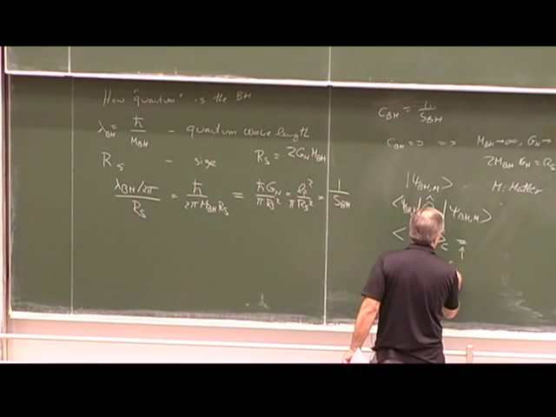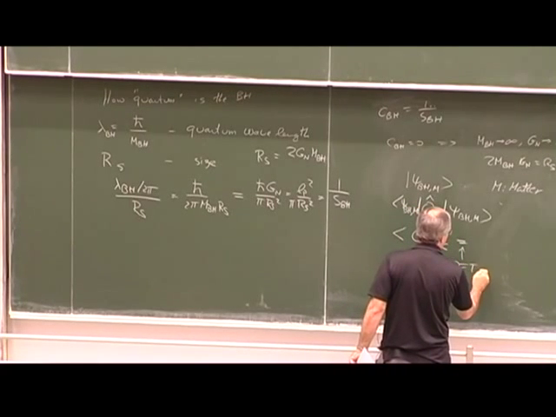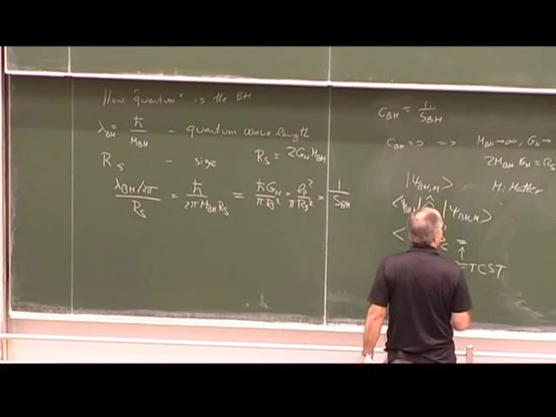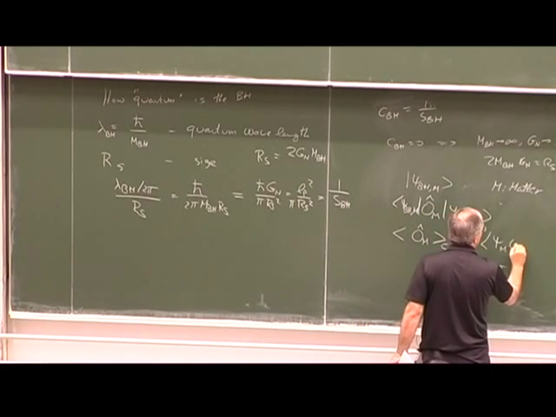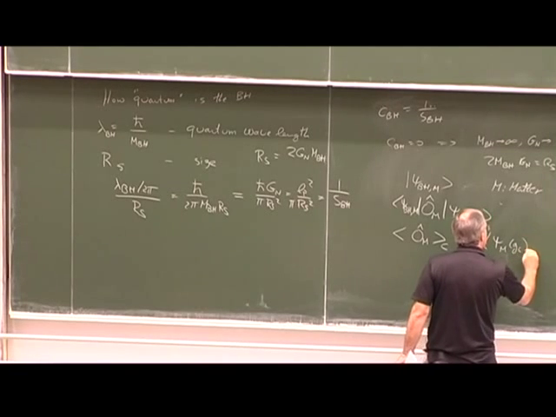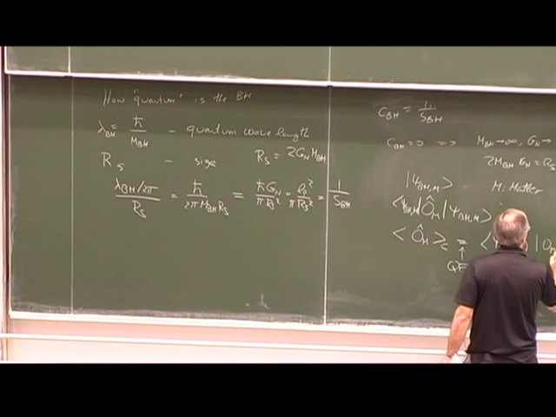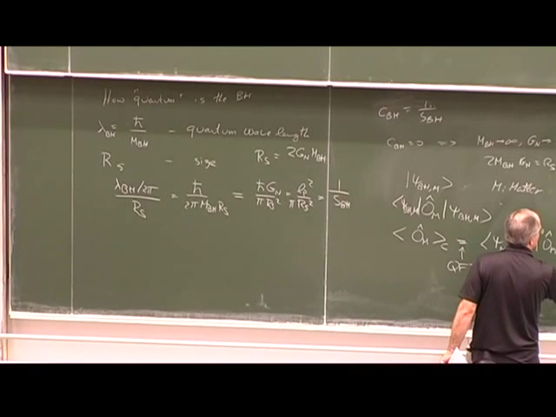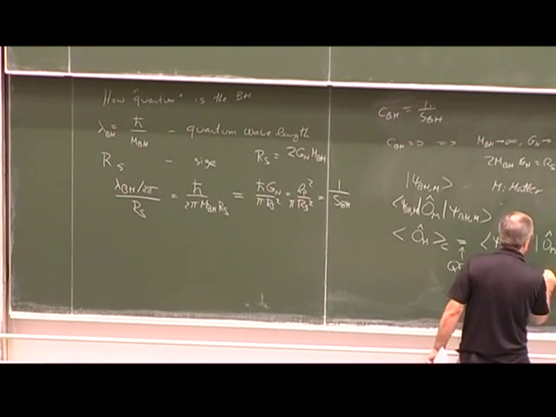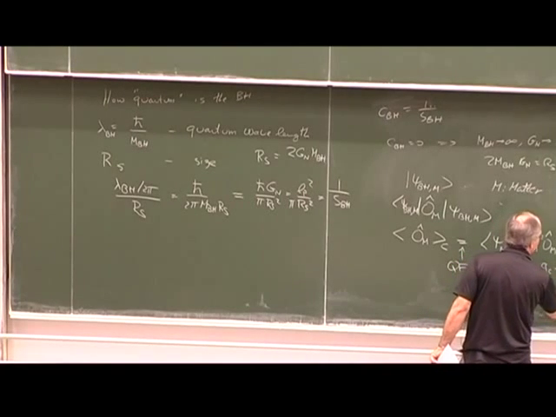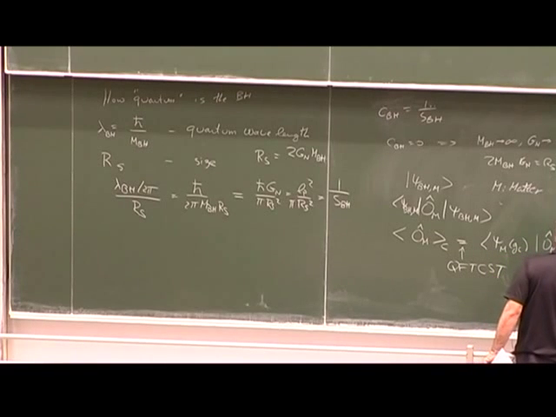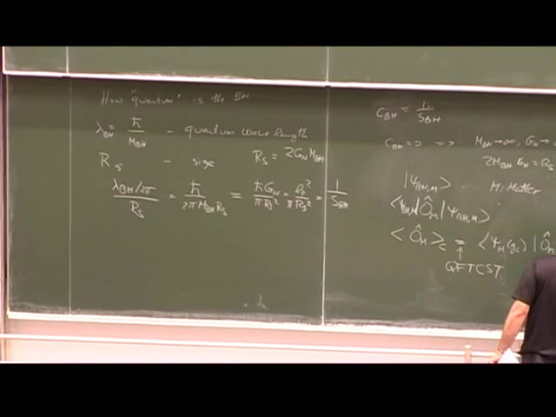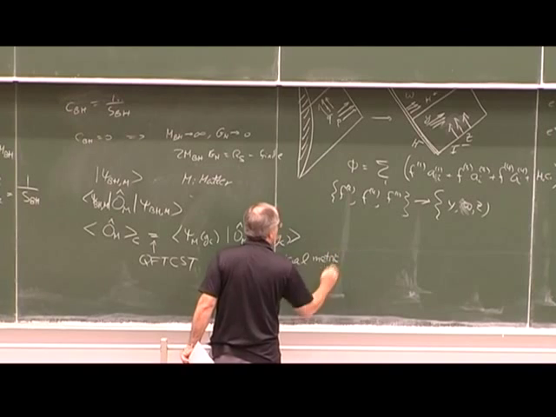what we do is we calculate a different expectation value, where g_c stands for a classical metric. Right?